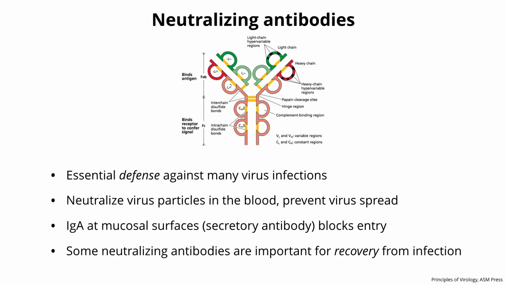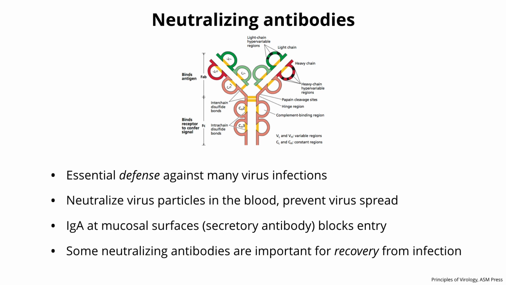Obviously, they're not going to prevent infection because you're already infected with the virus. They may help modulate the infection. But the next time you get an infection, you will have a memory response, which is very quick, and you'll make enough of that antibody specific for the virus to prevent infection. So the neutralizing antibodies comprise essential defenses, largely against second infections, not really the first one.